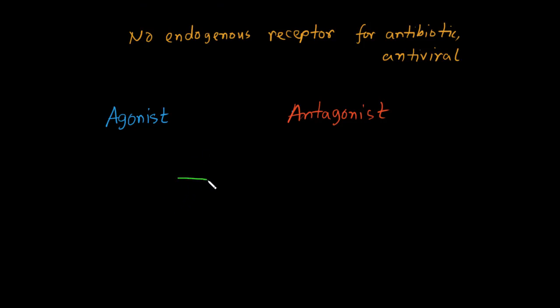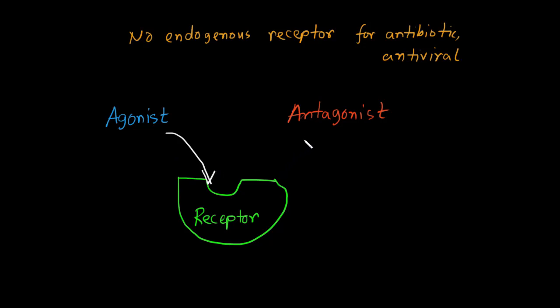And some drugs may act like an agonist. They can activate the receptor but not to the fullest extent. In that case, we call them partial agonists. When we combine agonist and antagonist together, it can lead to different kinds of effects. An agonist drug and an antagonist drug given together can nullify their effects.